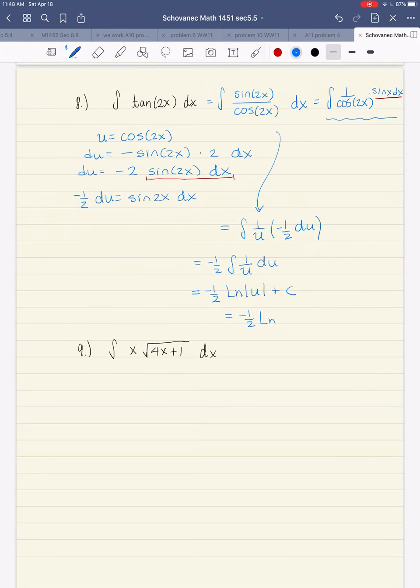And go back and fetch u. U is the cosine of 2x. Okay, so again, we're trying to make it look like one of the integrals on that previous page.